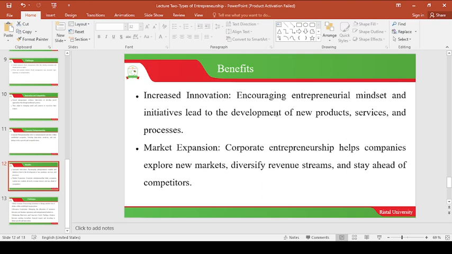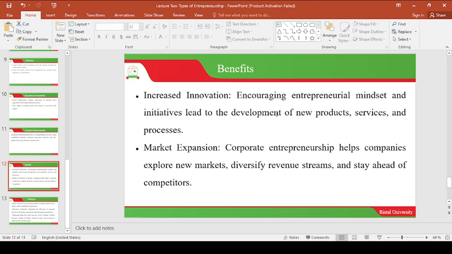It is simply the introduction of something new to the market or modification of the current products in order to suit the current demand of the customer. So when you have people who are innovative in your organization, then the chances of you producing new products or services in the market is extremely high.